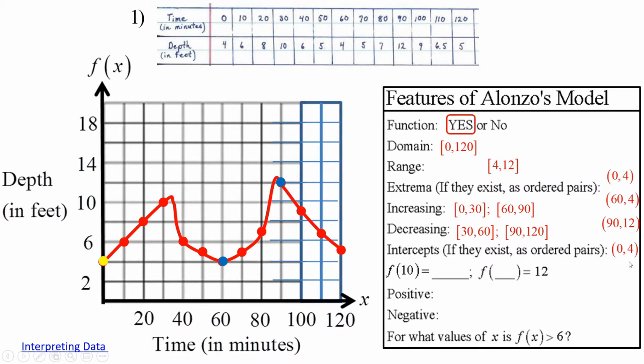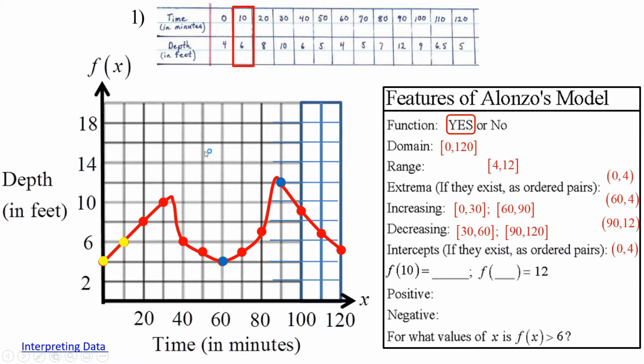And that is the y-intercept of this function. There is no x-intercept. Okay, now, f of 10 equals, this is function notation. So when x equals 10, right here, what is f of 10? That looks like a 6 to me.